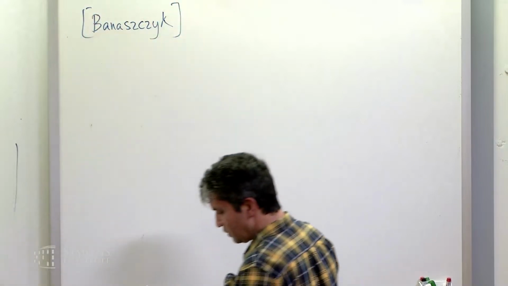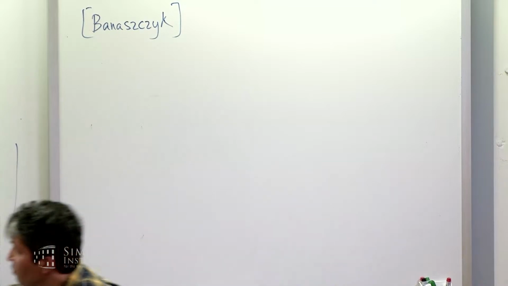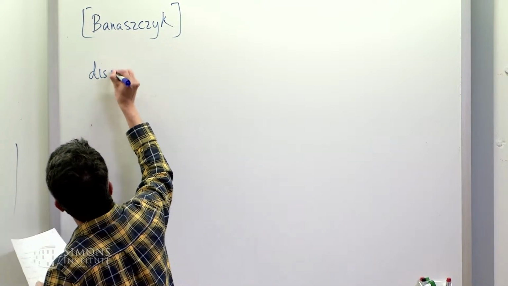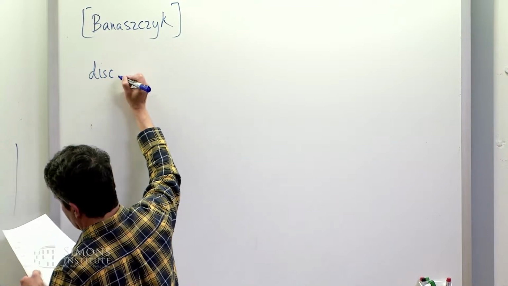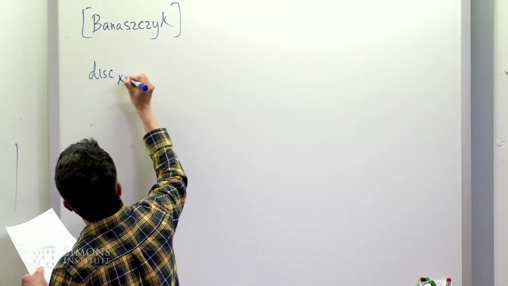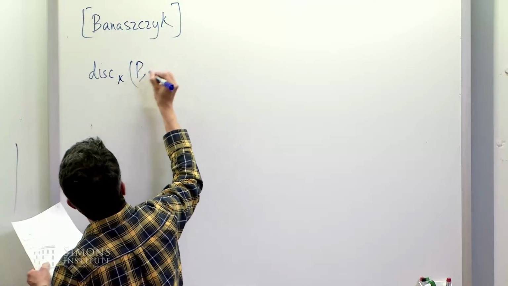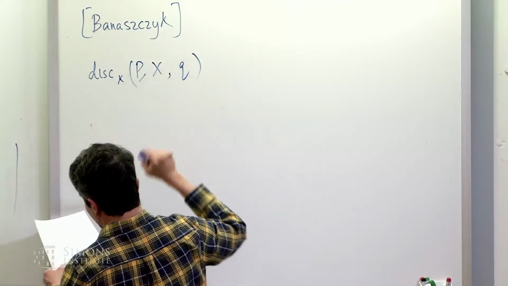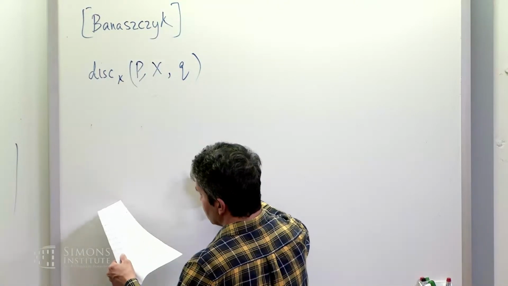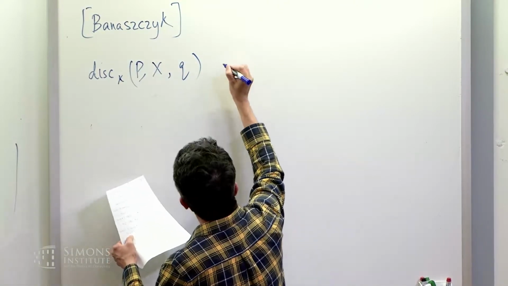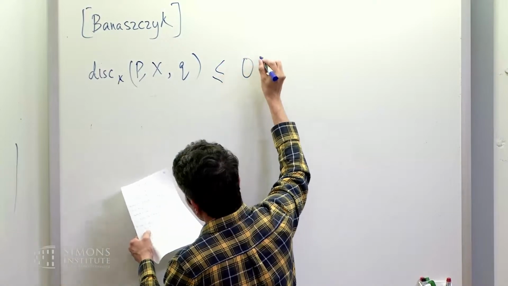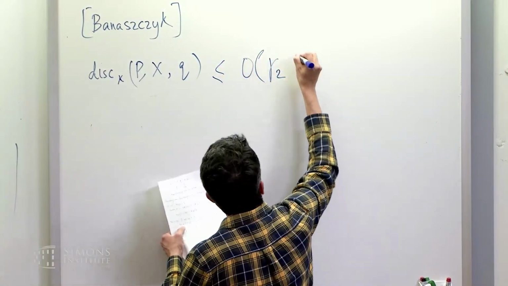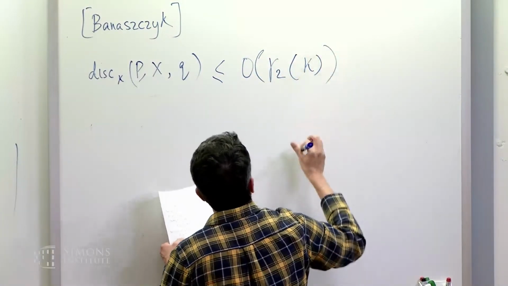Okay, so Banaszczyk's theorem says that this quantity, which is the discrepancy of the coloring chi on the dataset P with respect to Q, is less than or equal to order of the gamma 2 norm of this kernel matrix.